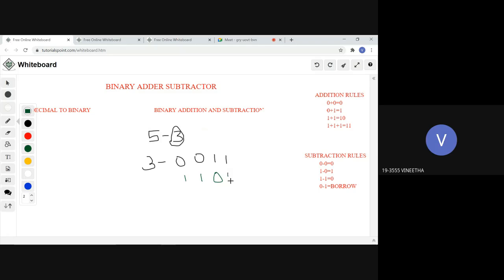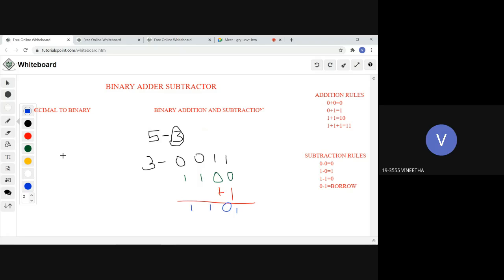We already know that 2's complement is nothing but 1's complement plus 1. So we just add 1 to this and we get the 2's complement of 3. The result would be 1, 1, 0, 1. And now we perform normal addition.